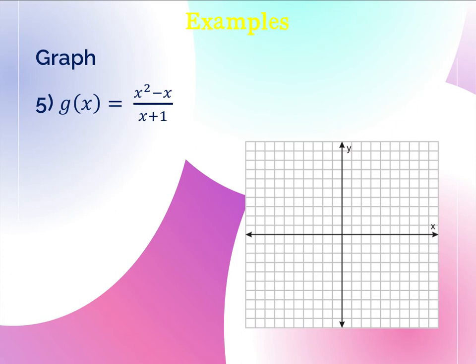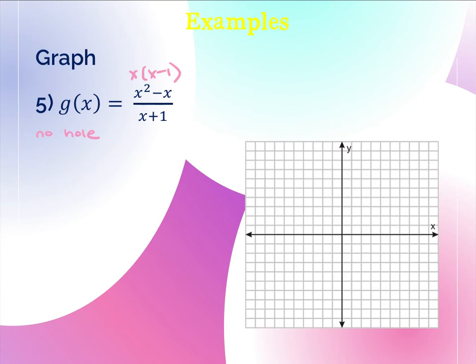All right, so I'm going to start exactly the same way, right? Can I factor this? Yes. I can take out an x and I get x minus 1. Does that simplify? No. So there's no hole. Even though we can factor it, it doesn't simplify, so there's no hole.